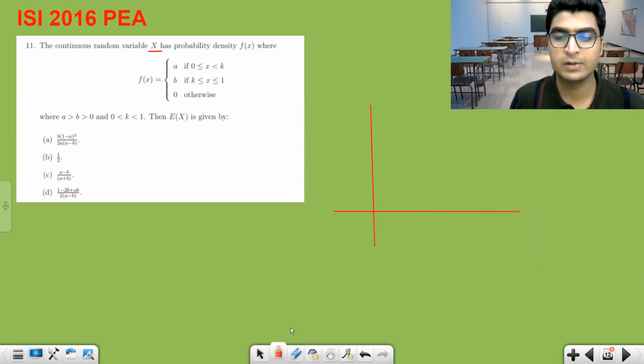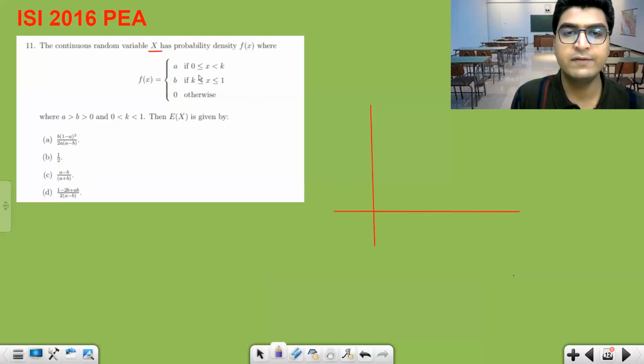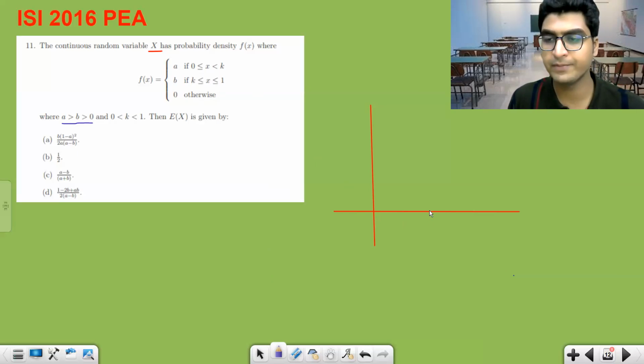Okay, so for any x between 0 and k, it takes value a, and for any value between k and 1, it takes value b, and a is greater than b and both are greater than 0, and k is something between 0 and 1. Let's say k is somewhere here.